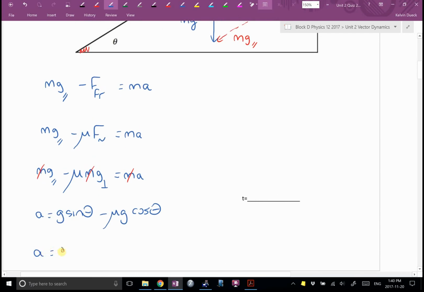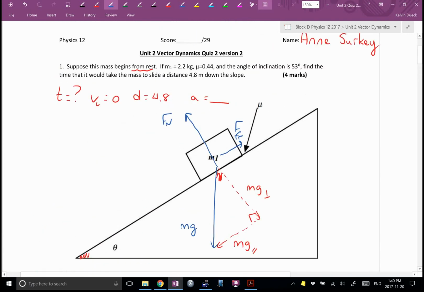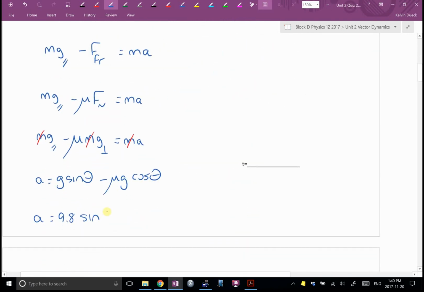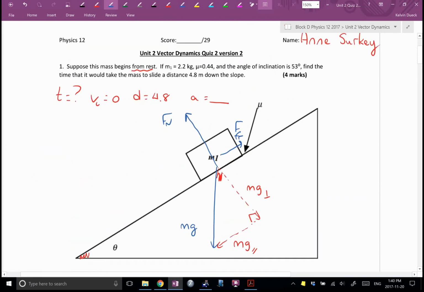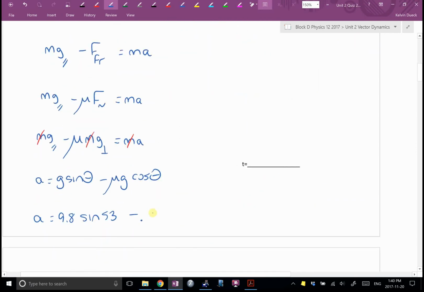a is going to be 9.8 sine 53 minus, I should have looked up what mu was, 0.44 times 9.8 cos 53.